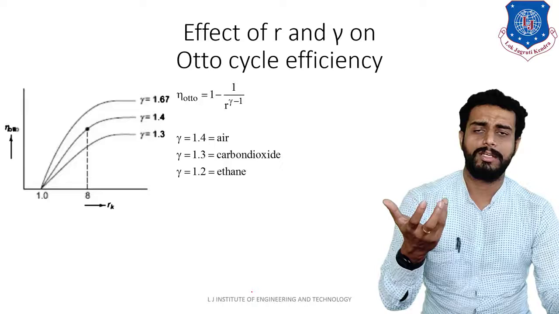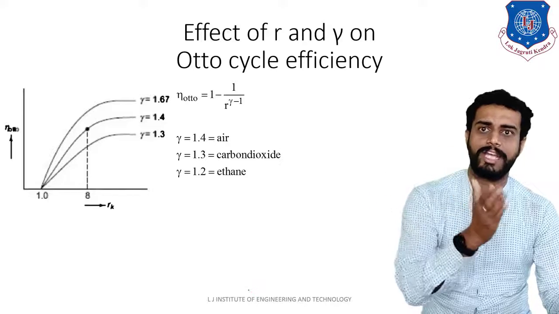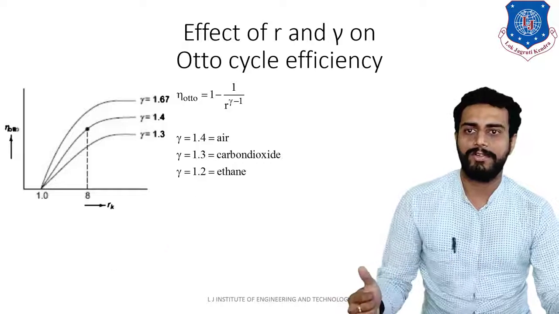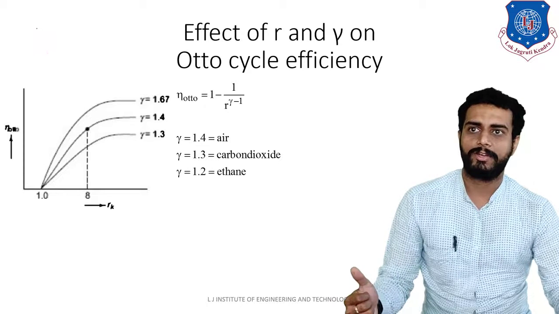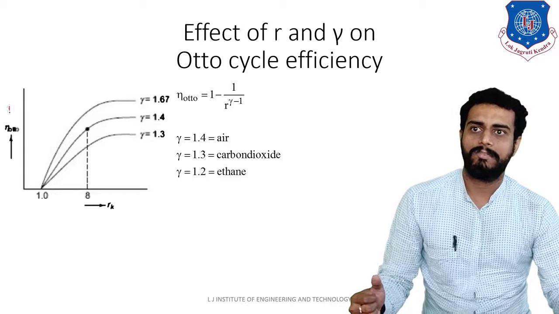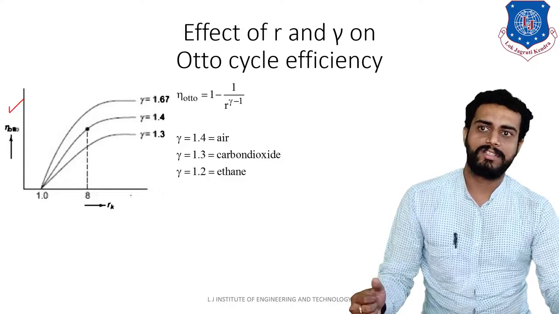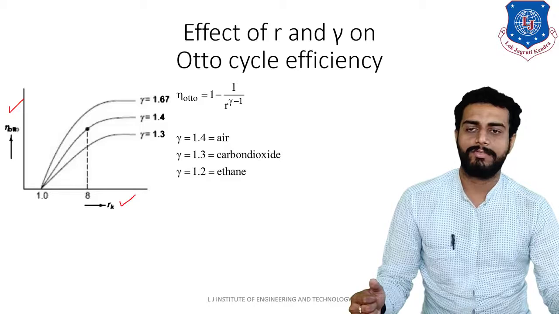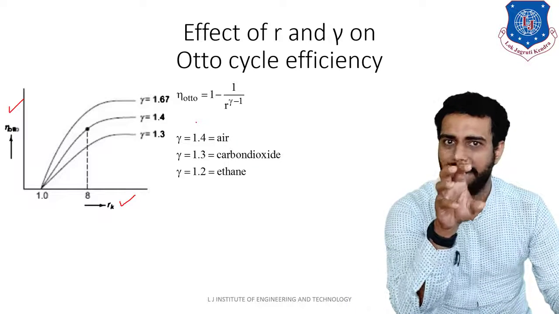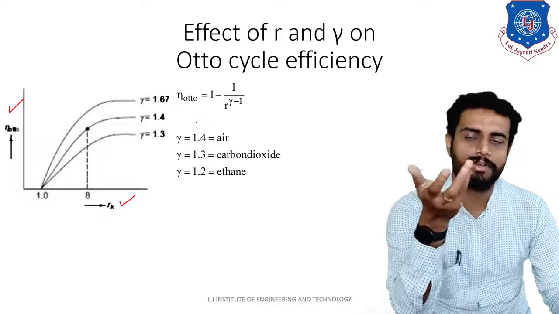Now, the effect of compression ratio and gamma on Otto cycle efficiency. So let us understand the effect over here, students. So let us plot this diagram. On the y-axis we have taken efficiency of Otto cycle and on the x-axis we have taken compression ratio. So here you can see compression ratio is the main parameter for the change of efficiency.